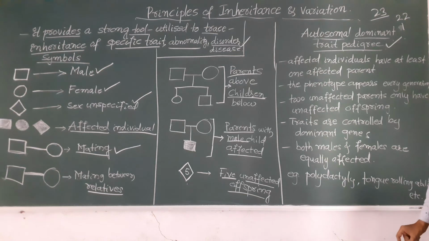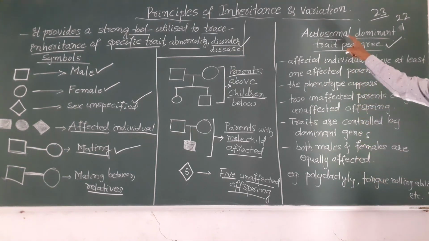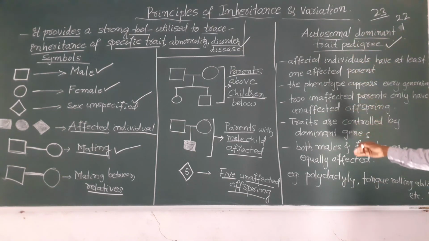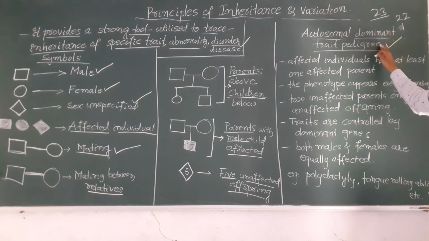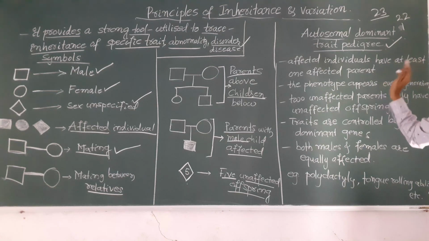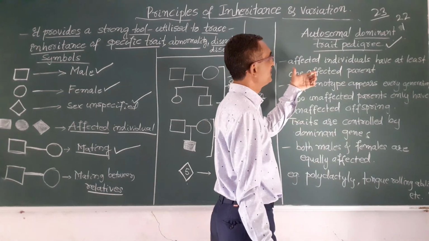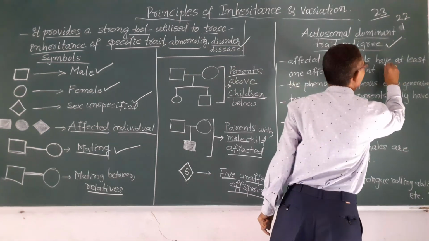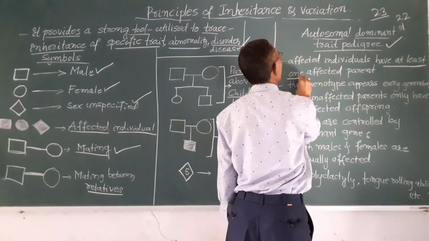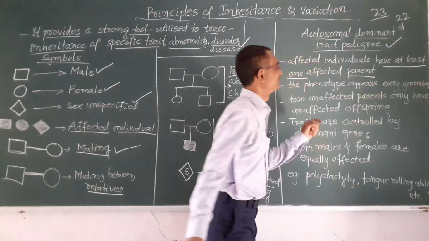What are the characteristics of this autosomal dominant trait pedigree? Affected individuals have at least 1 affected parent.